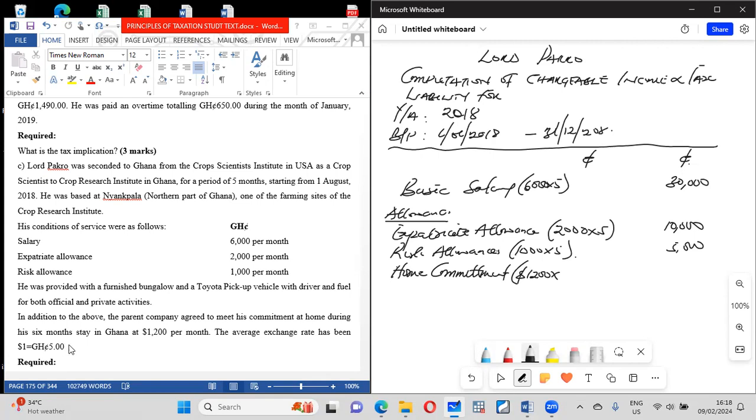If $1 is equal to 5 cedis, then 1,200 will be more, so we multiply, then multiply by 5 months, because they said per month that he was out. That gives me 30,000. So in total, his cash emolument, the total he has been receiving, 30 plus 30 is 60, then 15, that is 75.